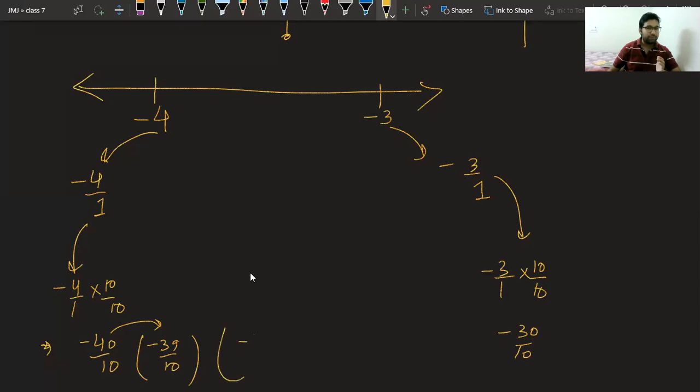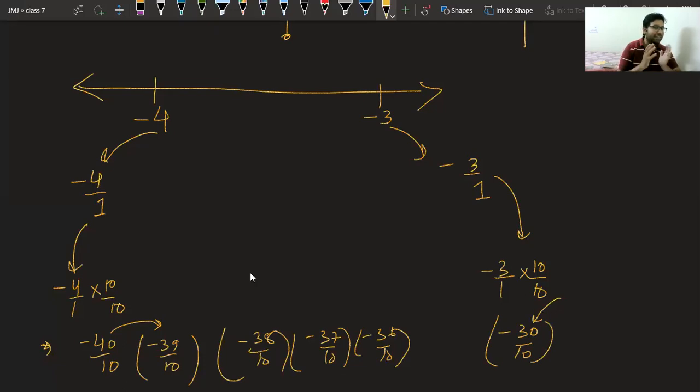Very good. Minus 38 upon 10, minus 37, minus 36, minus 35, minus 34, minus 33, minus 32, minus 31. After that, you will get the number itself. So you can have 9 numbers in between these two numbers very easily. I hope you all are able to understand this, class.